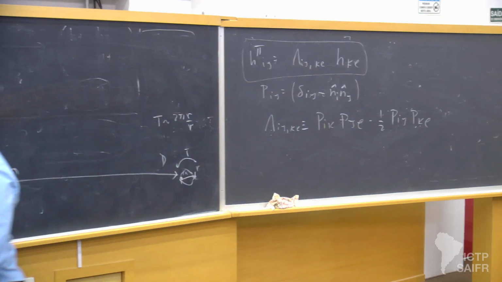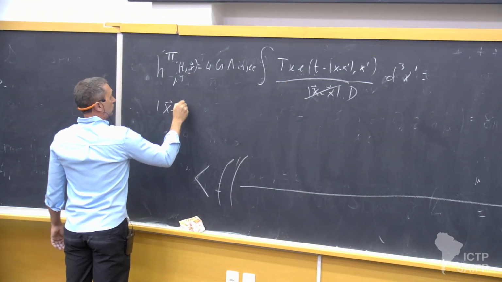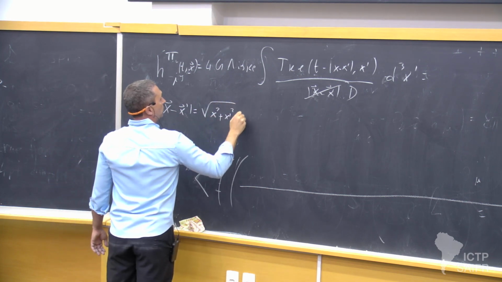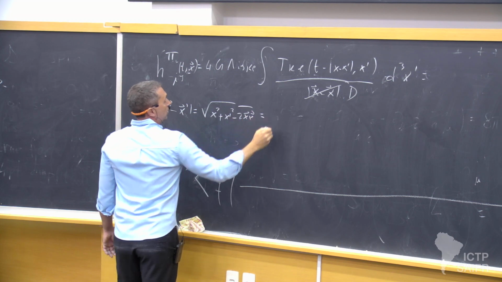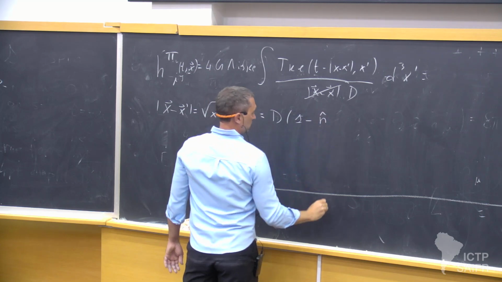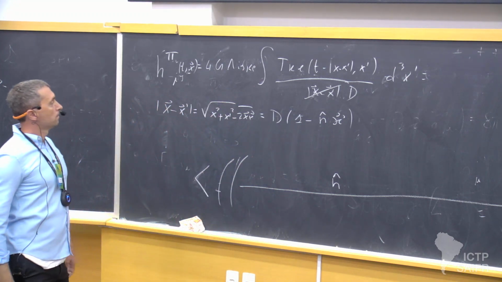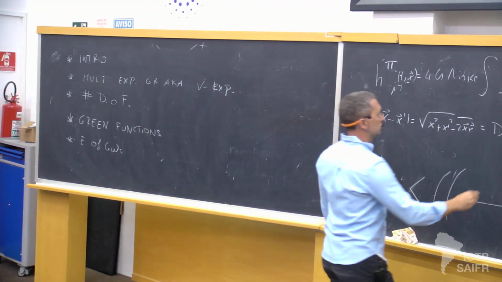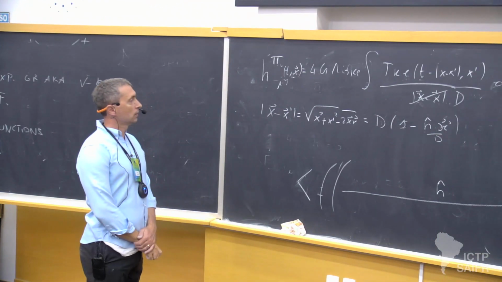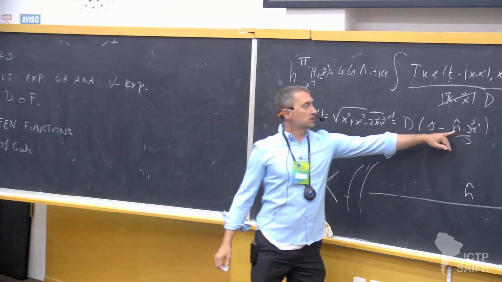How do I do that? Well, I expand |x - x'|. I use the generalization of the Pythagorean theorem. This is the square root of x² plus x'² minus 2x·x', and this is basically the distance d minus n·x', where n is my direction. More or less, I have to keep this to first order. Why?